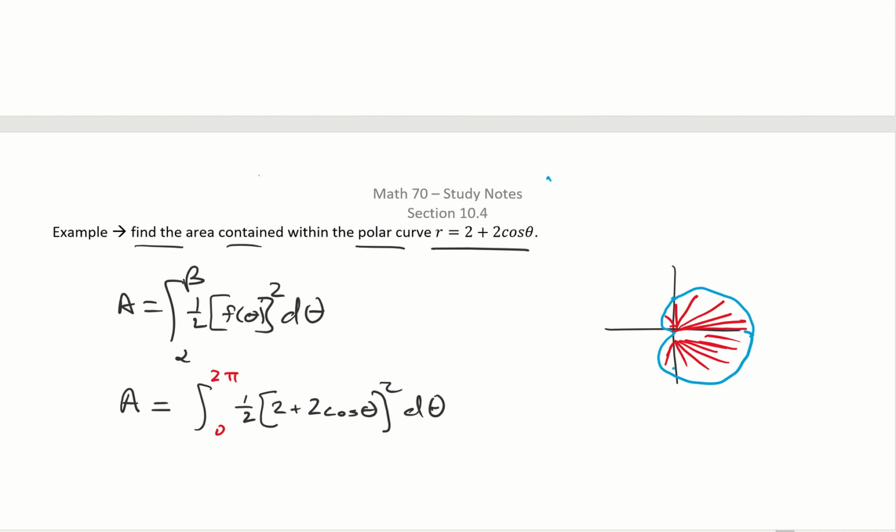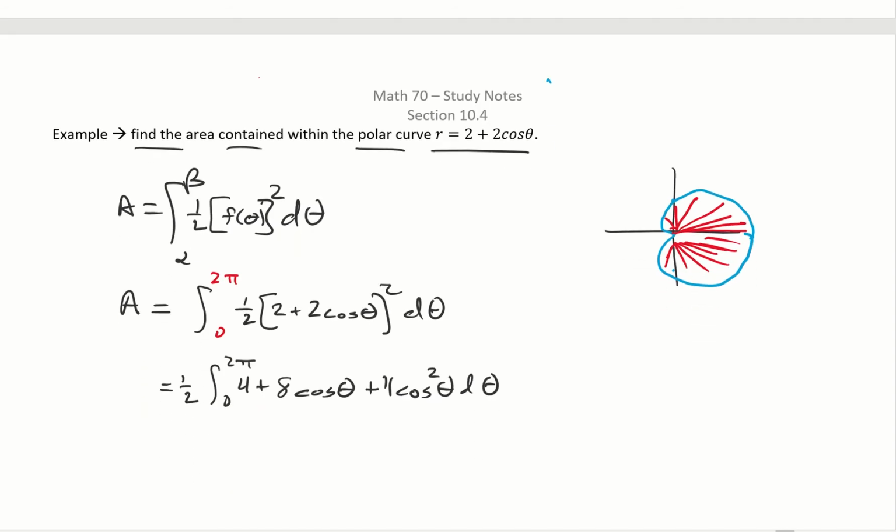Okay, so I'm just going to attack it. I've got 1/2 here, integral 0 to 2 pi, and this is good for you to see me go through too. 4 plus 8 cosine theta, and then plus 4 cosine squared theta d theta, something like that. If you want, you can factor out the 4 and get it out of the way. I'm going to leave it alone.